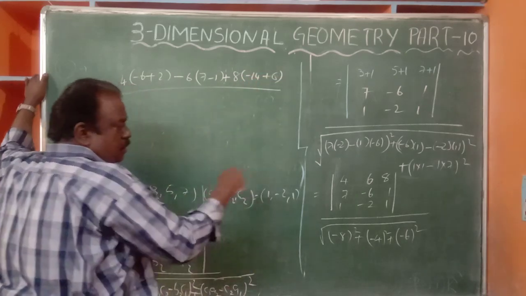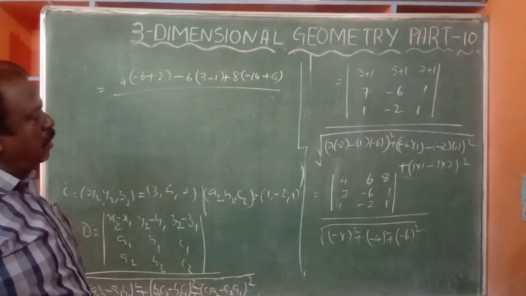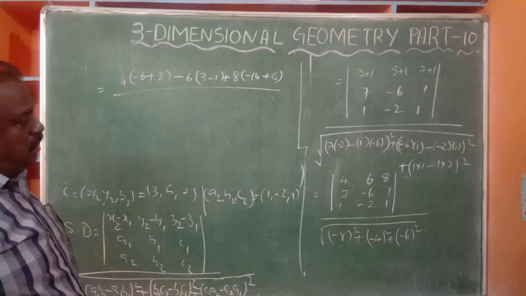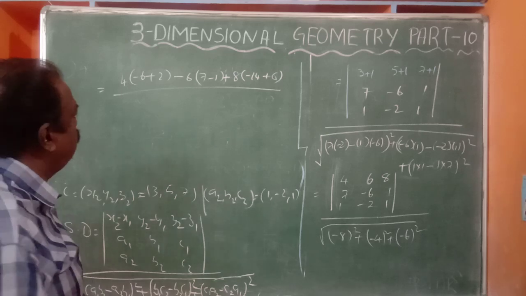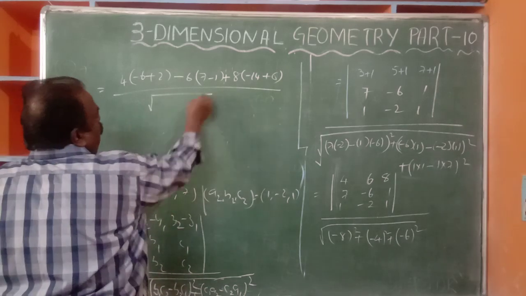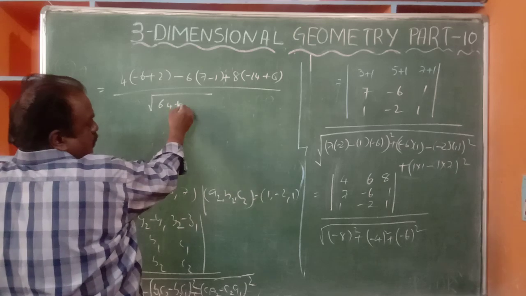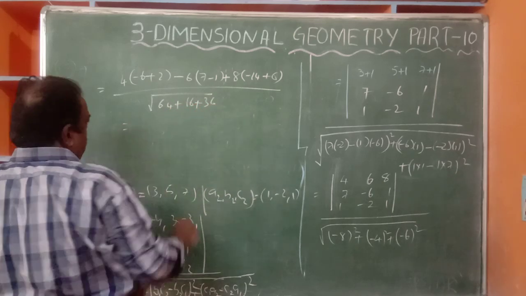Okay, now that is the determinant. Once again you observe that: minus 6 of 7 minus 1, 4 of minus 6 plus 2. By, again, it is root of 64 plus 16 plus 36.